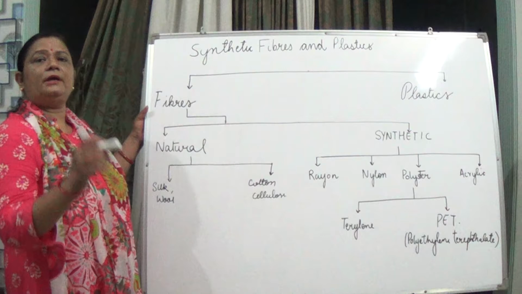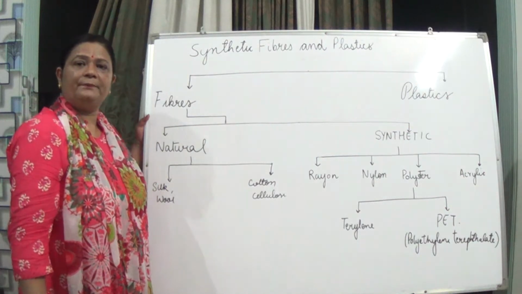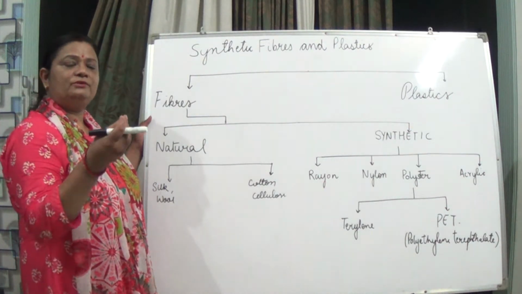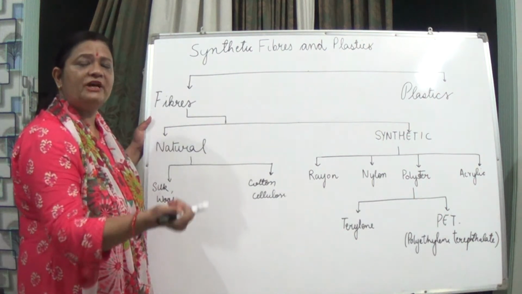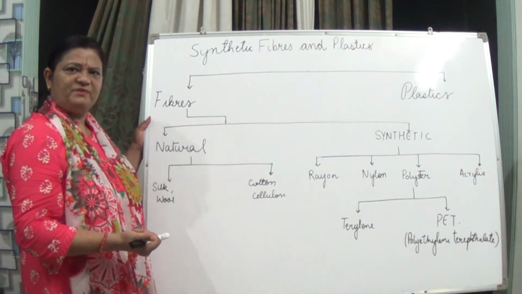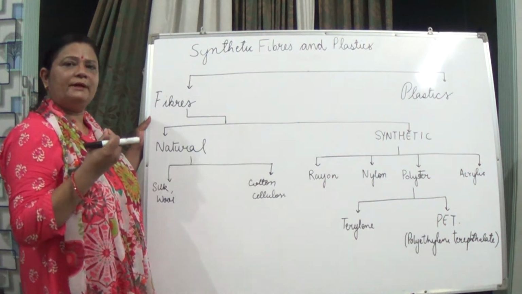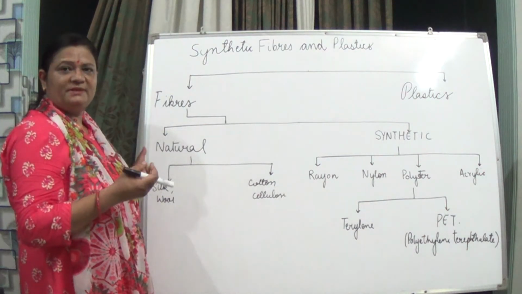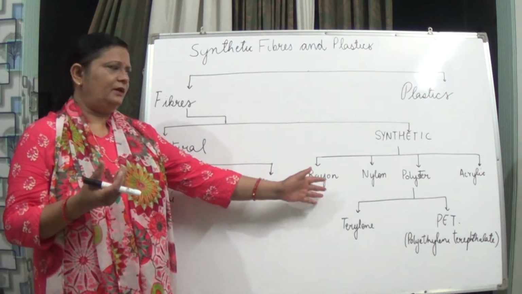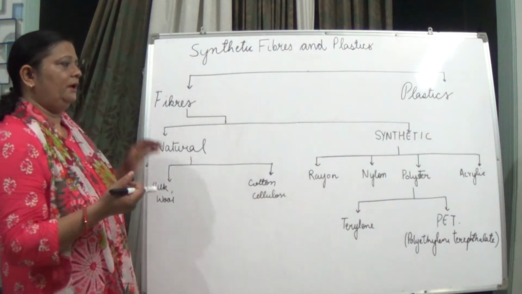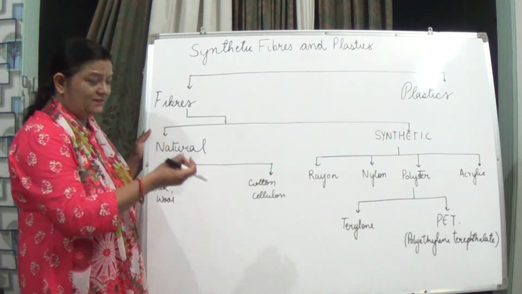So beta, you put on clothes, and when you touch the cloth, you feel the cloth, you say of which fiber it is being made. If it is smooth and shiny, you'll be saying it is silk, or it can be rayon, it can be terephthalate.